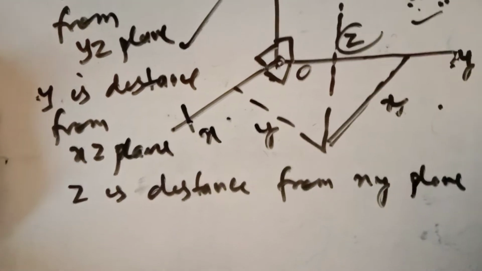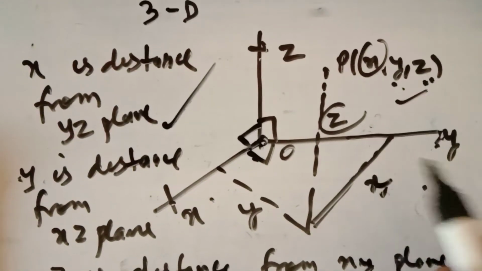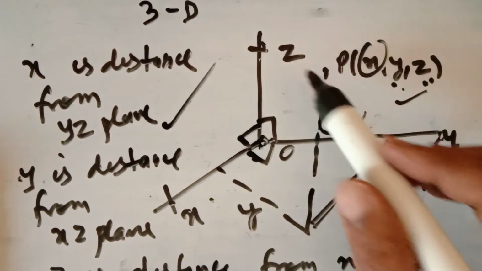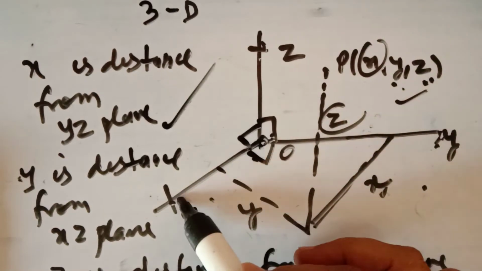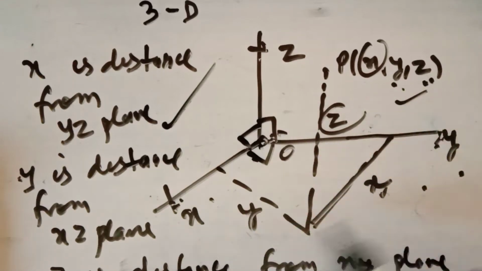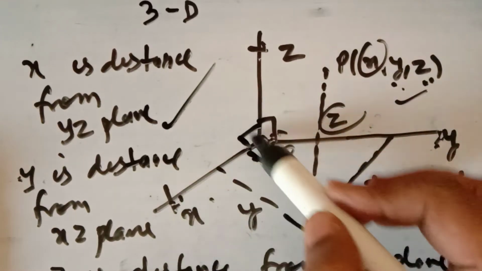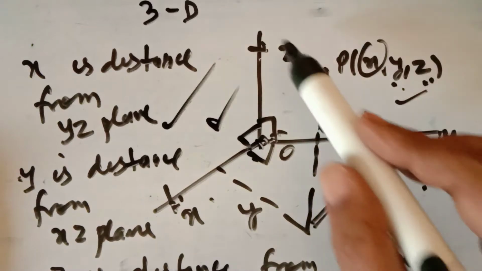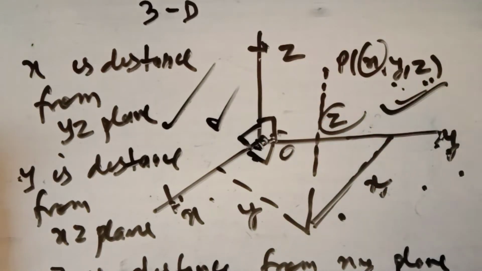So you know the planes from this diagram: OX, OY, OZ axes. XOY is the xy plane, ZOX is the xz plane, and ZOY is the zy plane.